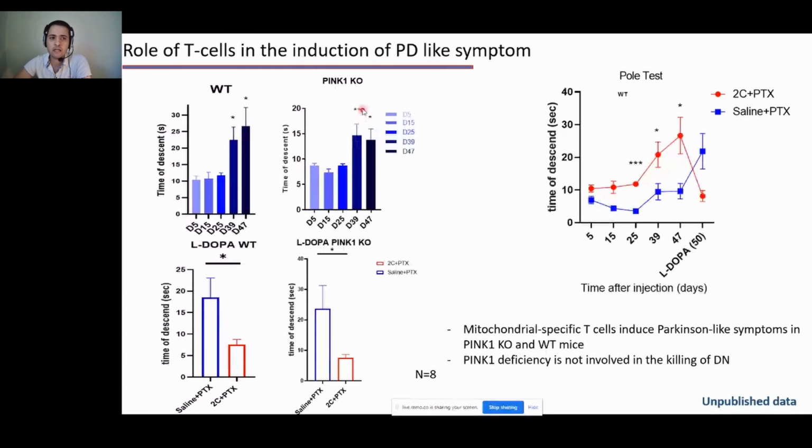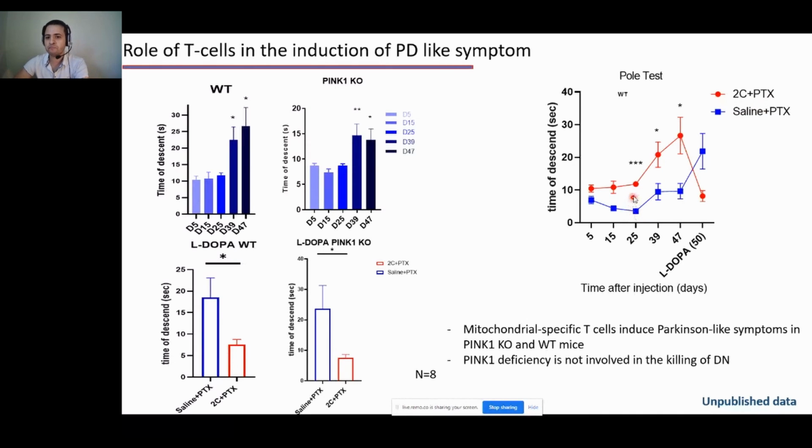But this can be seen in both BINK-KO and wild-type mice, which indicates that BINK1 deficiency is not involved in the killing of dopaminergic neurons. Moreover, to validate that the effect is specific to T cell injection and not from Brittus toxin, we compare Brittus toxin injected alone against Brittus toxin together with 2C, and we find a significant difference between the two injections starting from day 22.